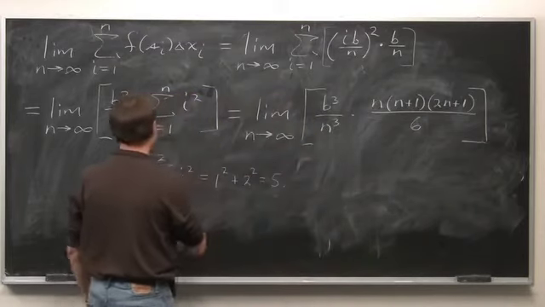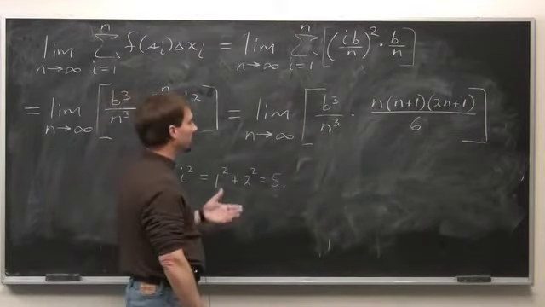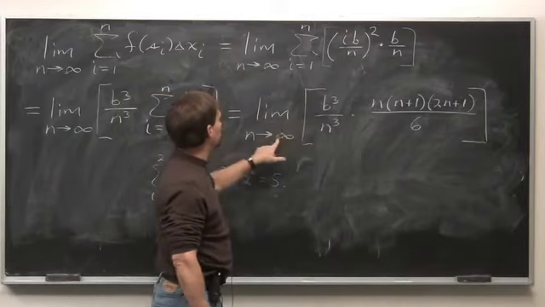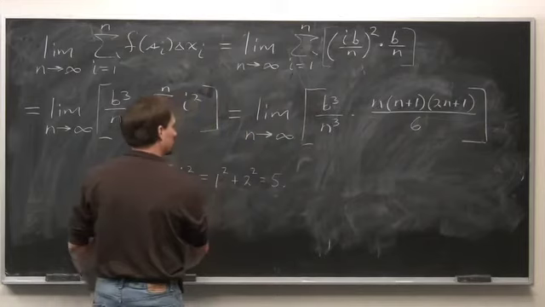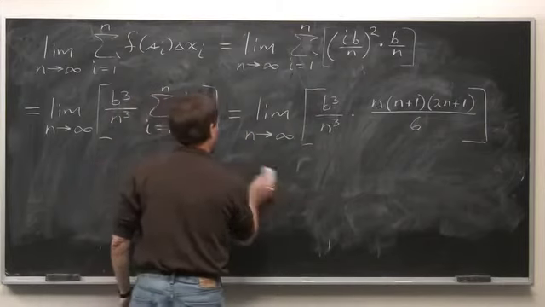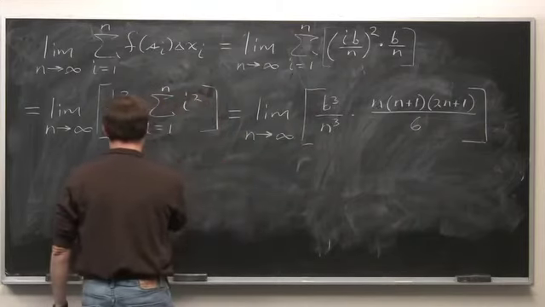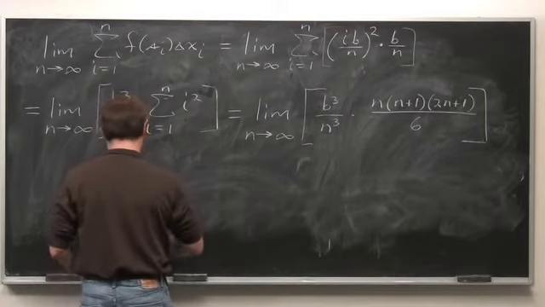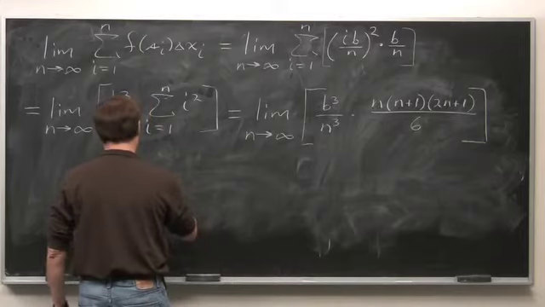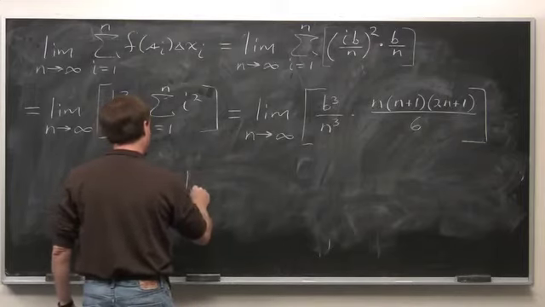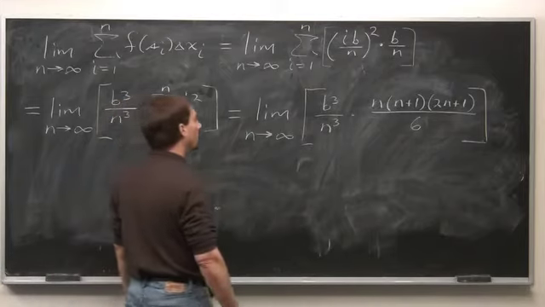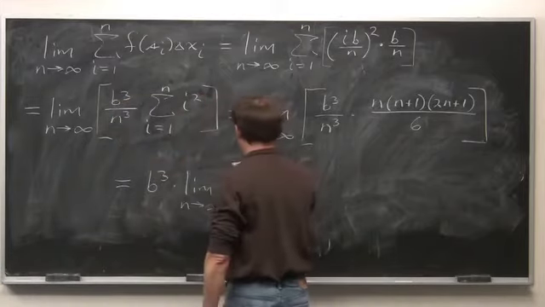I'm convinced. But now we need to calculate this limit. Well, the b cubed doesn't depend on n. We can pull that outside the limit. I just said we'd pull b cubed out of the limit, I didn't do it. So b cubed times the limit as n goes to infinity of what?